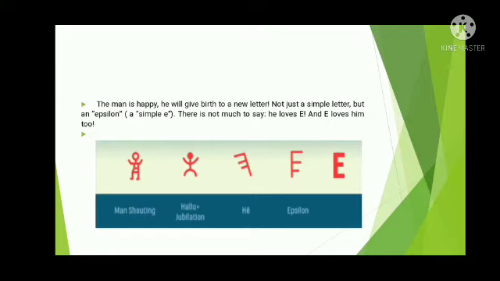As you can see here, it develops into different characters or symbols. We have the first one, the man shouting, the hollow jubilation, the he, and the Greek representation, the epsilon, which will develop into the modern letter E that we have today.